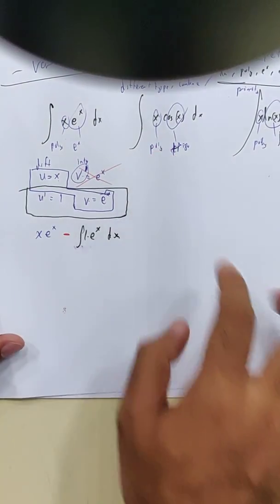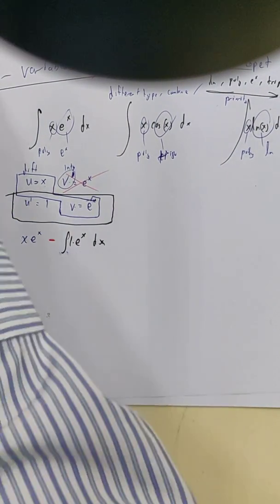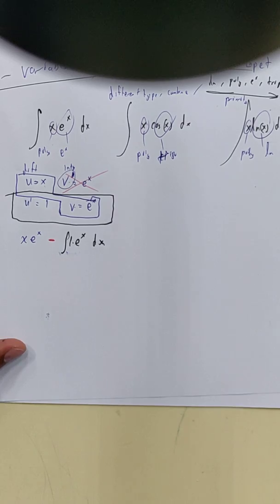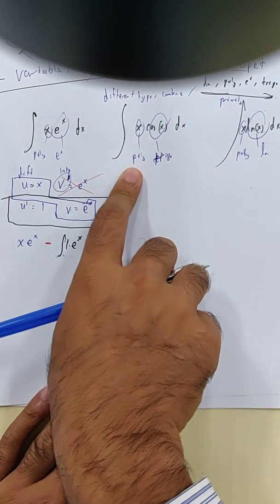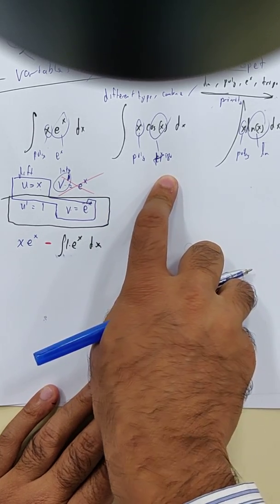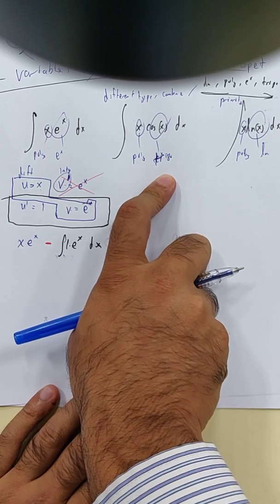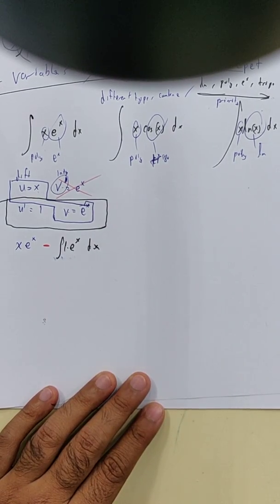So let's try again the pattern on this thing over here. So what do you want to do? Okay, firstly, when I look at the question, I see there's a polynomial and then there's a trigo. So that means there are two elements there, two types of x. Which one should I differentiate? Which one should I integrate?